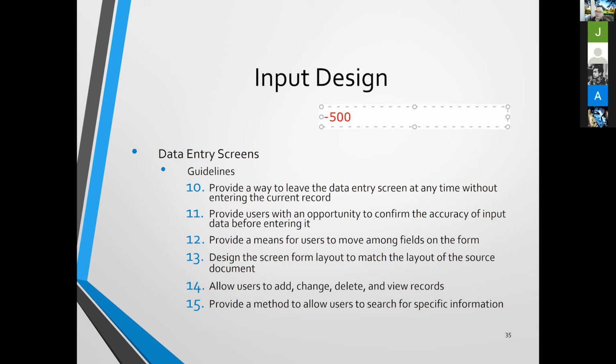After that, we talk about number 10: provide a way to leave the data entry screen at any time without entering the current record. You may have a button on the input screen that says clear the form or go back. Users don't need to finish all the data entry, because sometimes they fill up 80% of the form and change their mind.